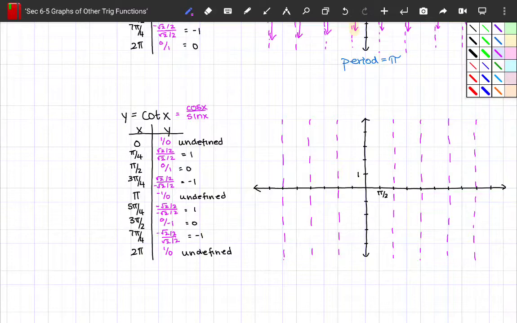And then if I plot these points, pi over 4 is 1, so that's up here. At pi over 2, it's 0. And at 3 pi over 4, it's -1. So this time the dots go down, but it's very similar to the tangent graph.